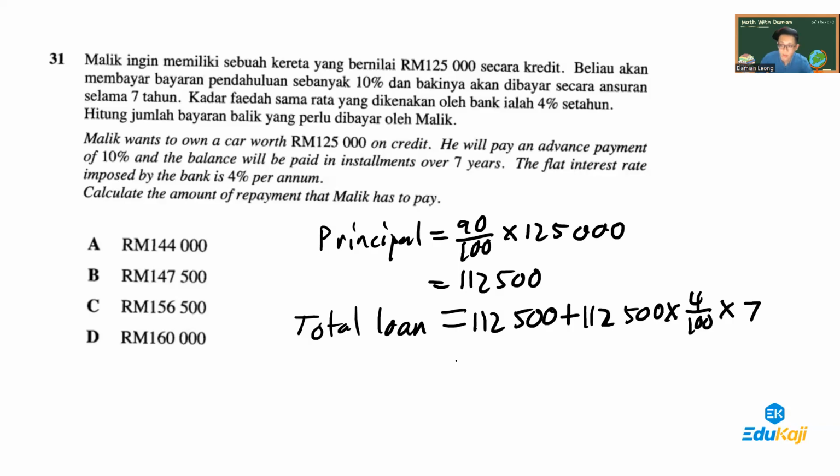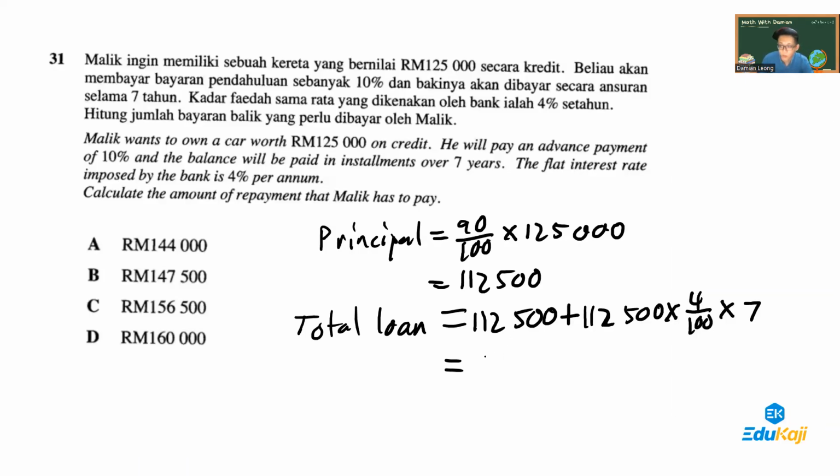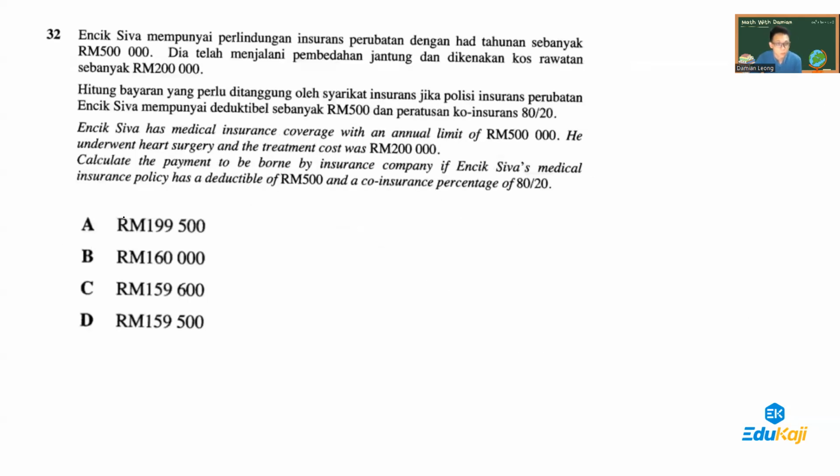Time is number of years. So 112,500 plus 112,500 times 4%, means 4/100, times 7 years. So it's 144,000. Answer is B.